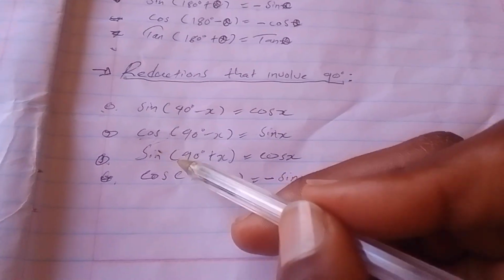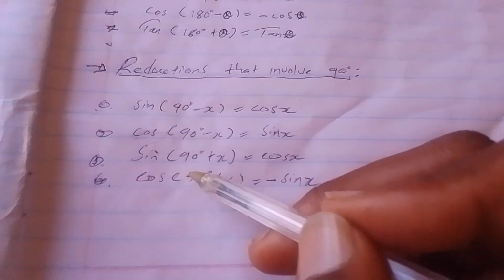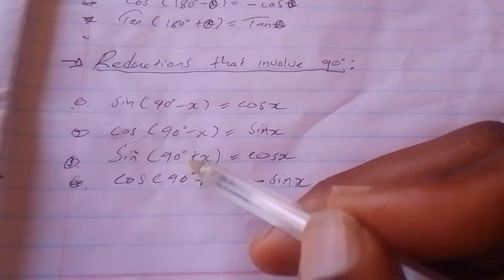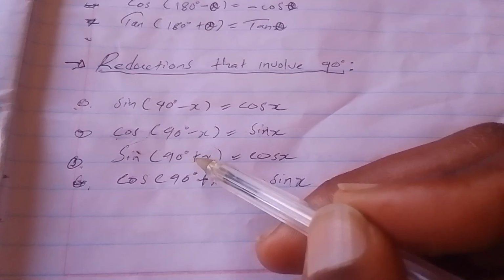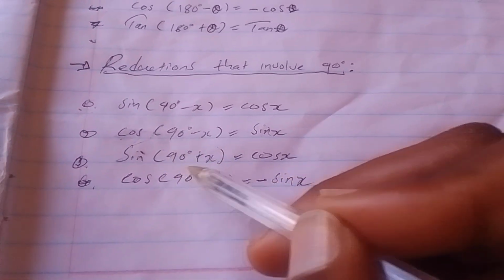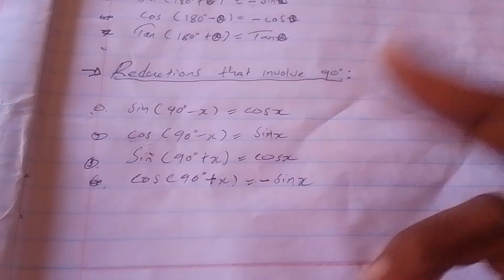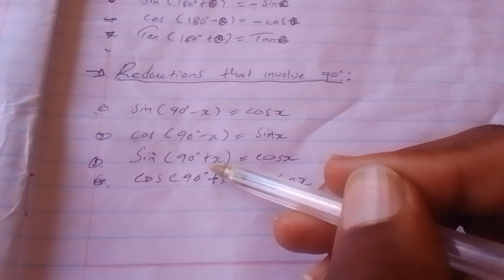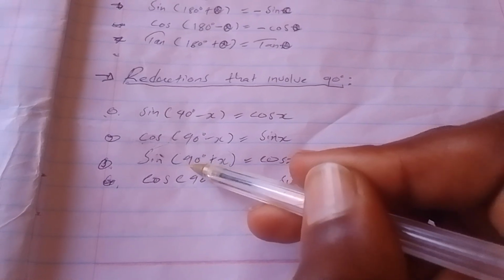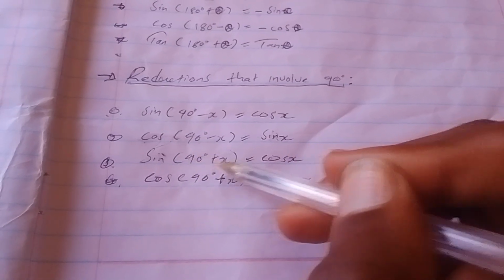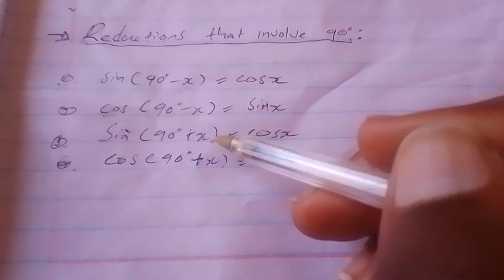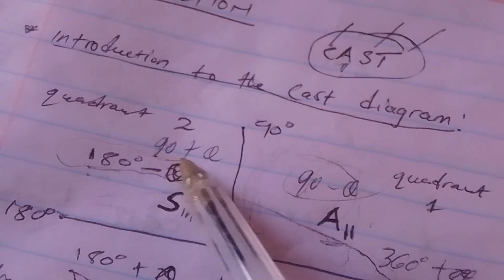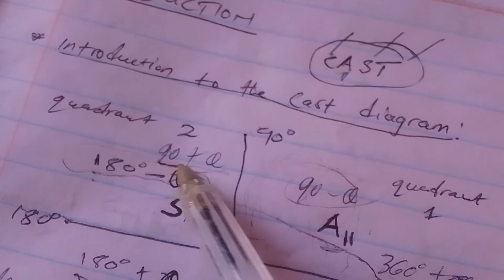So we have sine of 90 degrees plus theta. We don't have this one on our first quadrant, but on our second quadrant we have 90 degrees plus theta.